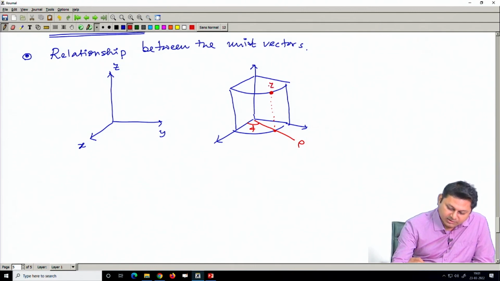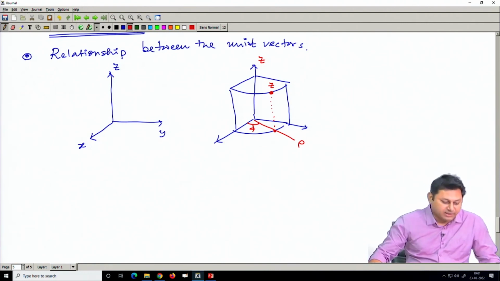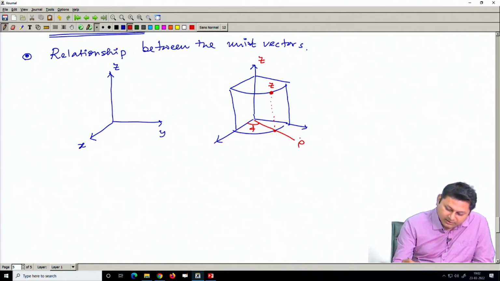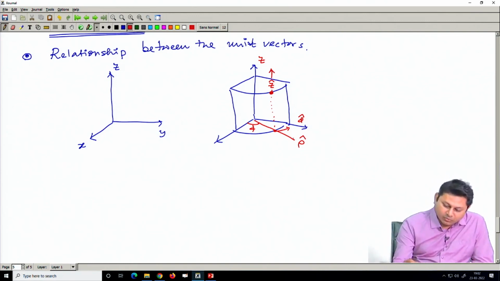So, this is along this direction z. So, this is z as usual, but rho and phi are defined in a slightly different way. Now, the unit vector along this direction is the rho unit vector. The phi is this direction, the phi unit vector along the tangential direction, and along this direction I have the z unit vector. So, the direction of rho, phi, z is defined here.